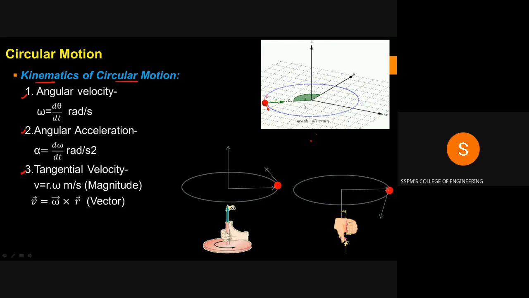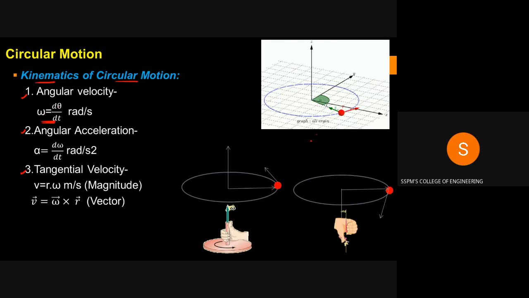As the point P is moving on the circular path, you can see there is a change of angle theta with respect to time. In order to calculate the angular velocity omega, if you differentiate this theta with respect to time, then we will get the angular velocity.